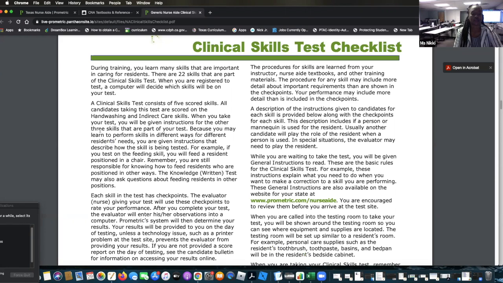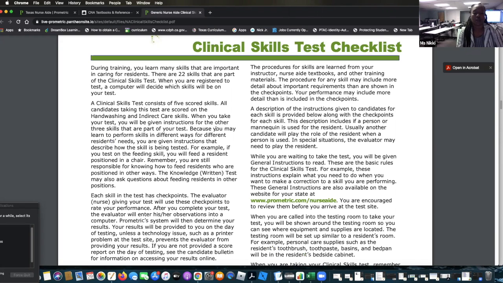When you take your test, you will be given instructions for the other skills that are part of your test. So if you think about it, if you got hand washing and indirect care skills and a total of 5 skills, that means there are 3 other skills that we don't know that you will have, right?